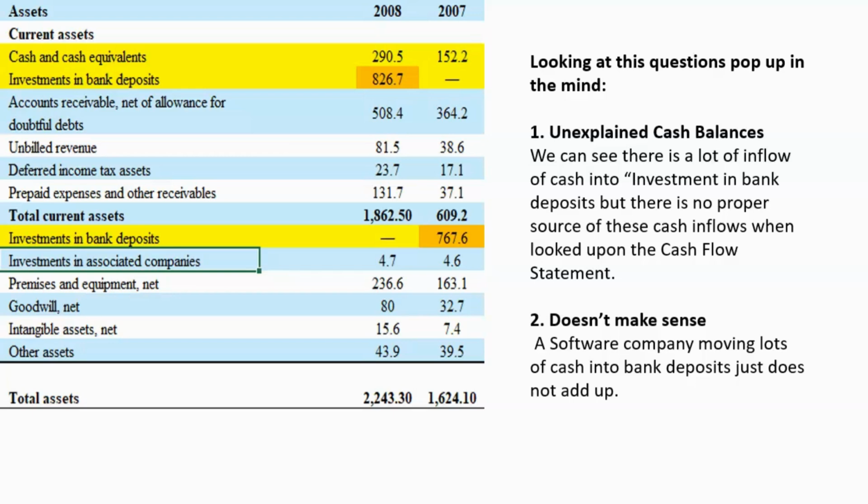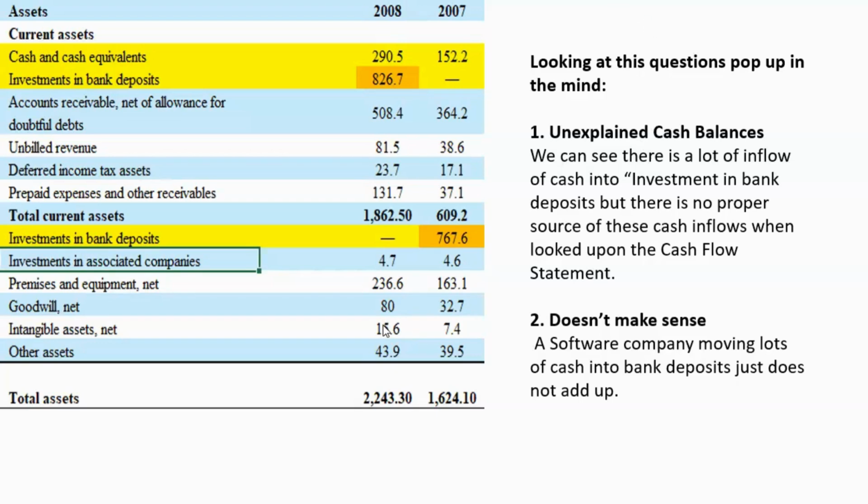We can see that there is lots of cash. We have cash over here and lots of bank deposits. Now, first of all, what is a software company doing with huge cash balances in the bank? It doesn't make sense.